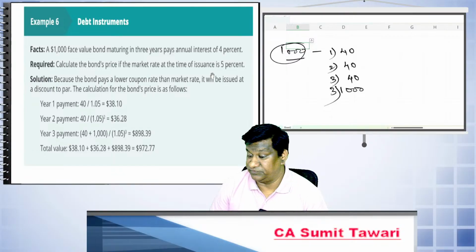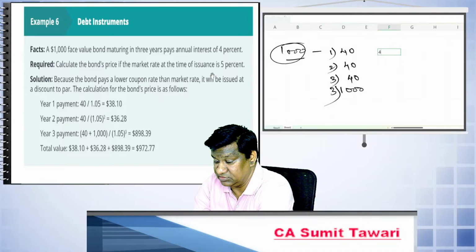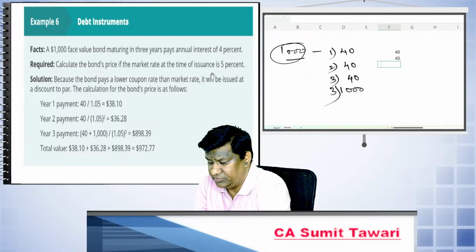Market rate of return is 5%. So again, I need to discount. It is 40, 40, 40 and 1000.